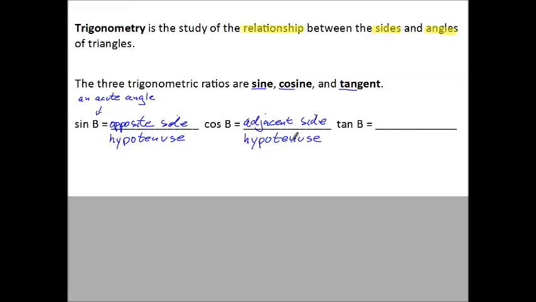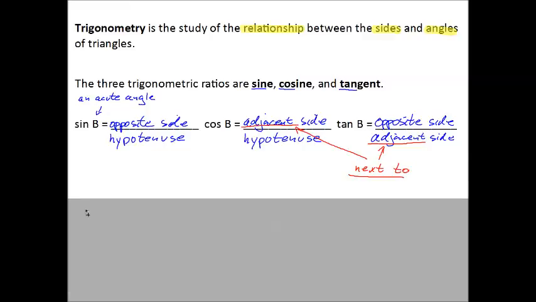And the tangent of angle B is the length of the opposite side over the length of the adjacent side. And remember, adjacent means next to. The adjacent side is the side that's next to, that's touching the angle we're talking about.